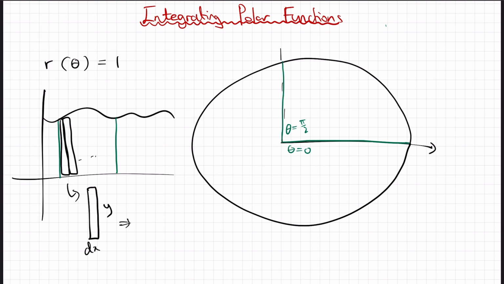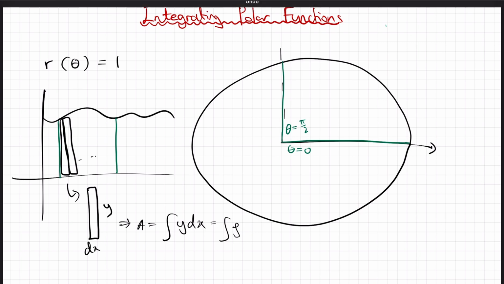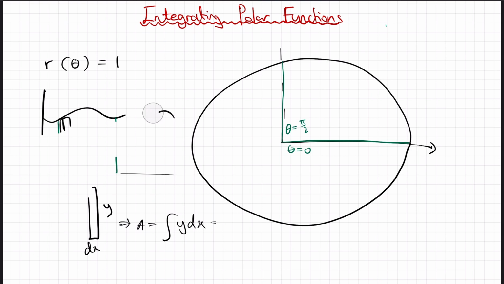Then when you sum them all together, the total area is going to be the integral from bound 1 to bound 2 of y dx, where y is a function of x. So we could just write this as f of x dx, like so. So that's what we think about when we're integrating on the Cartesian plane.